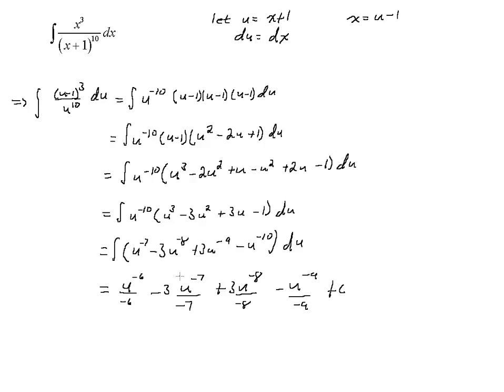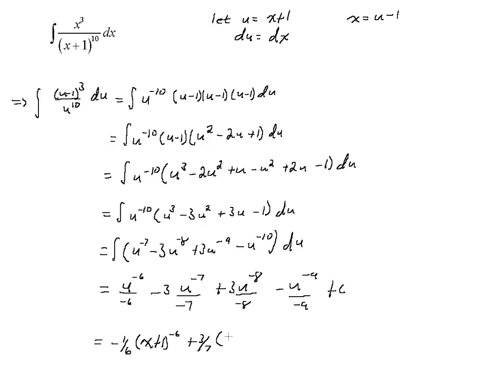I'm going to pull out these fractions as I do it. So I have negative 1/6 times u to the negative 6, which is x plus 1 to the negative 6. Negative 3 over negative 7 is positive 3 over 7, times u to the negative 7th, which is x plus 1 to the negative 7th.